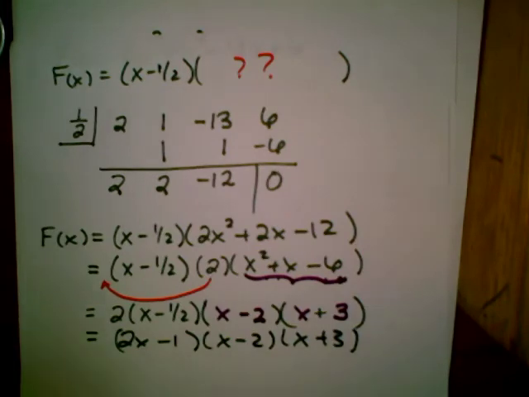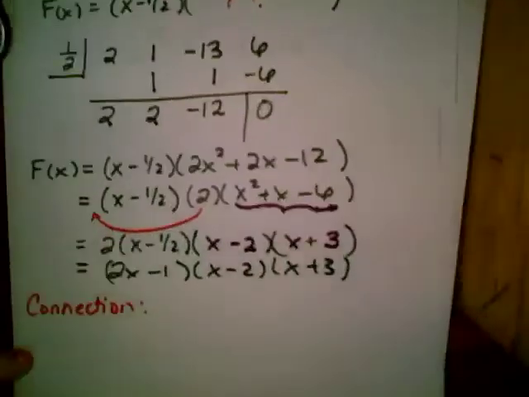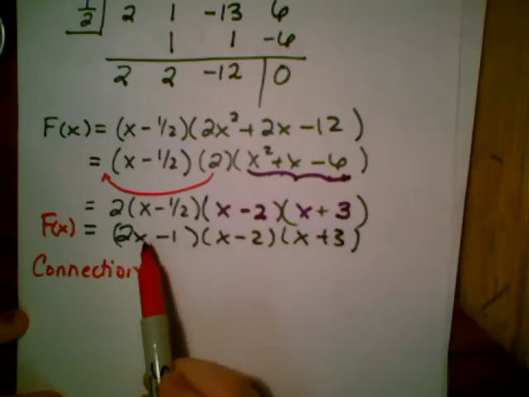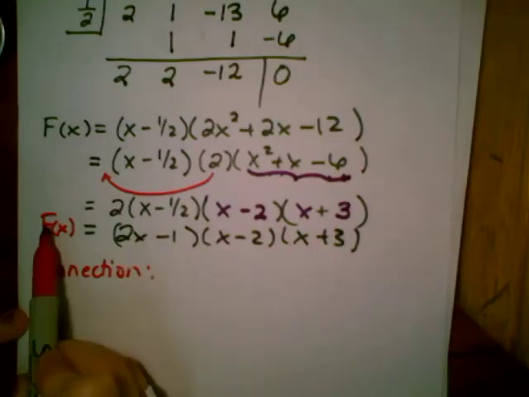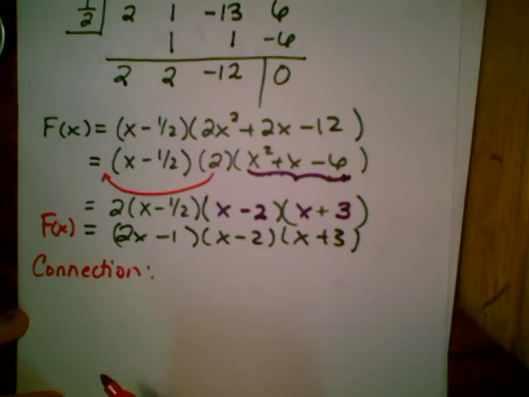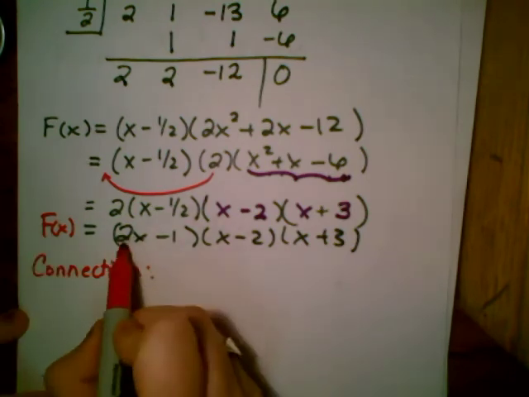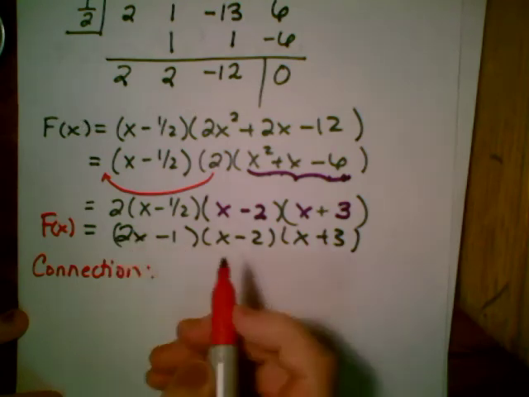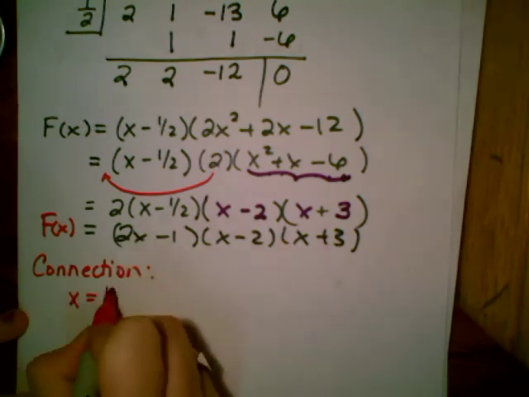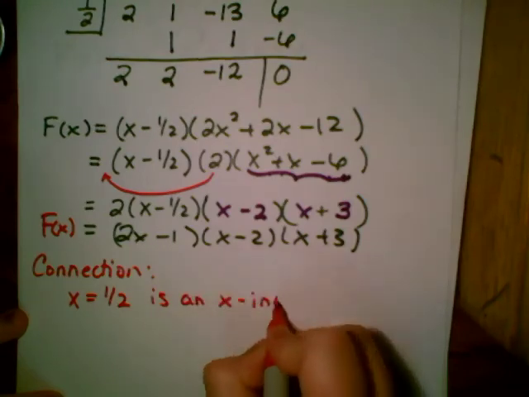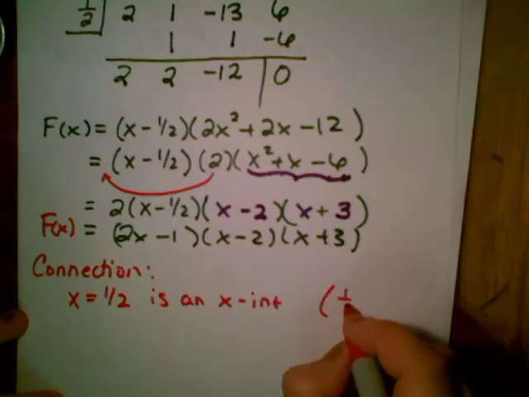Now a follow-up or a connection that's an important connection. For each one of these linear factors of f, there is an x-intercept associated with it, x-intercepts of the graph of f. So whereas 2x minus 1 equal to 0 at x equals 1/2 is an x-intercept, it would be written as 1/2, 0.